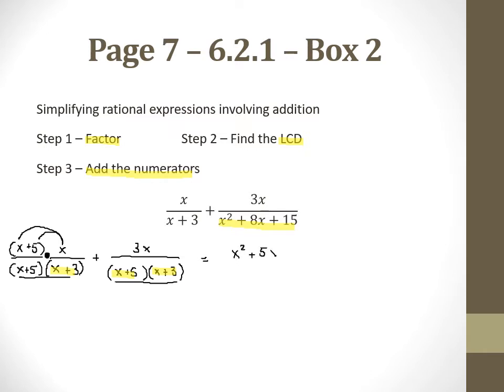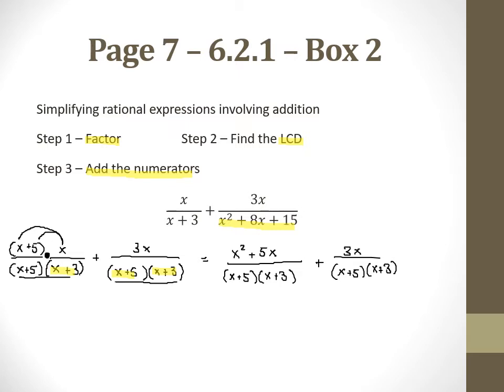So I've got x squared plus 5x over x plus 5 times x plus 3, plus 3x over x plus 5 times x plus 3. So I would say finish out your multiplication first, do any distributing that you need to, and now we can do step 3, which is to add everything up.